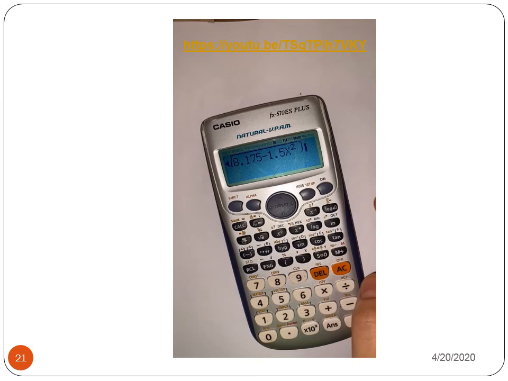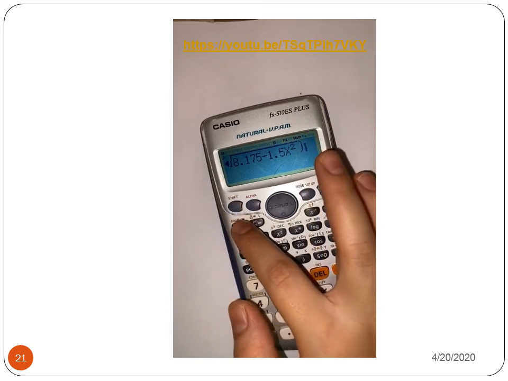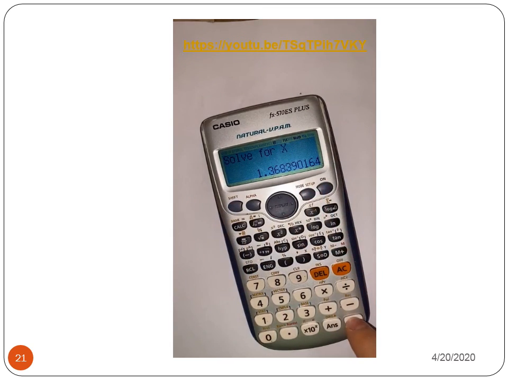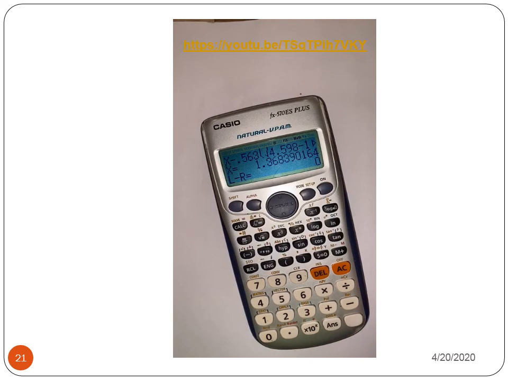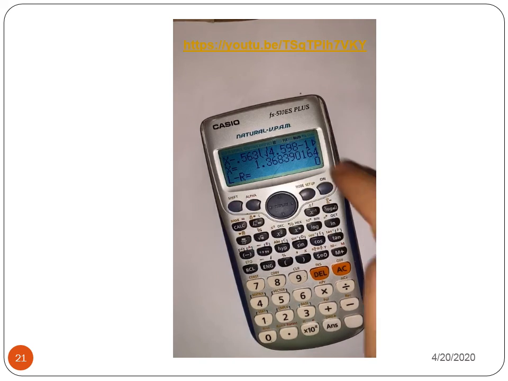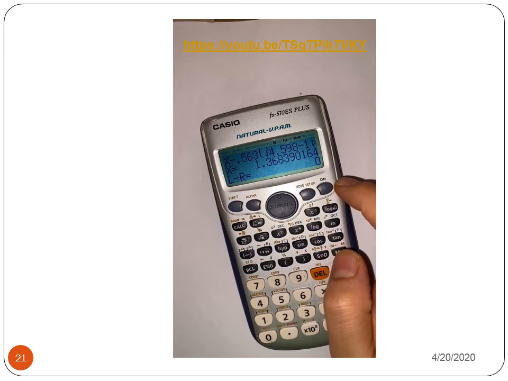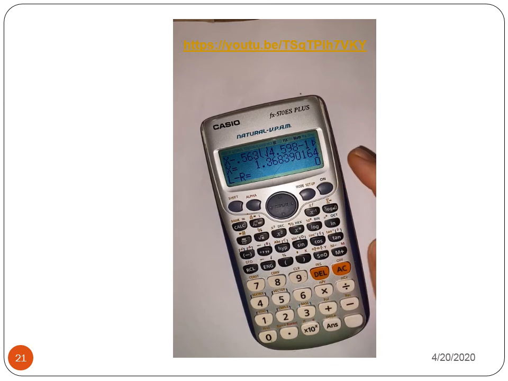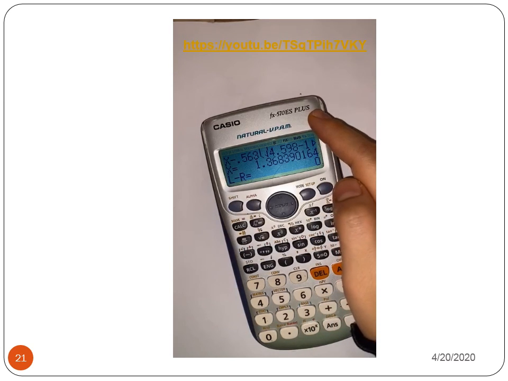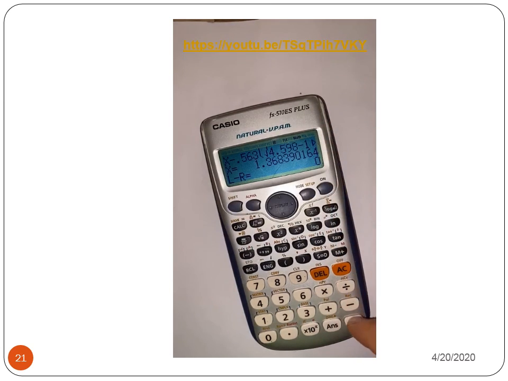To solve this equation directly on this calculator, we use shift, calculate, and equals. Then the answer appears: 1.368 meter per second.